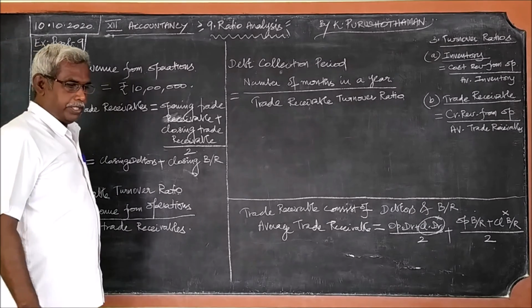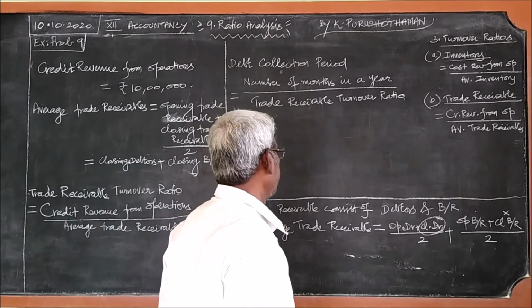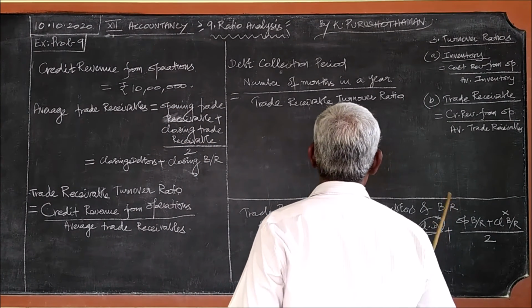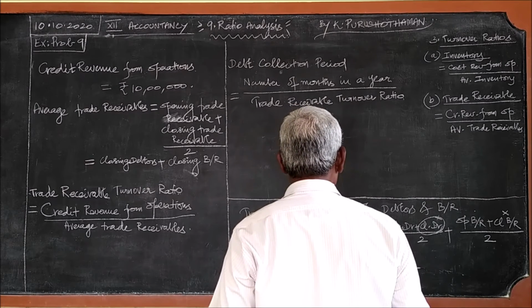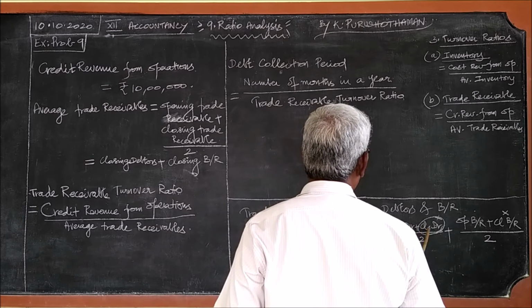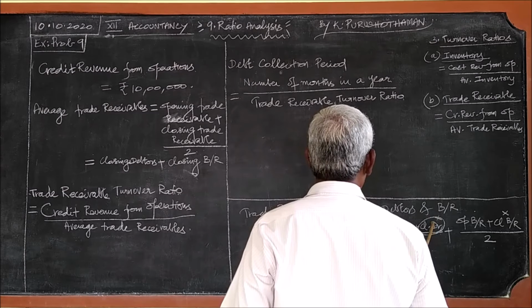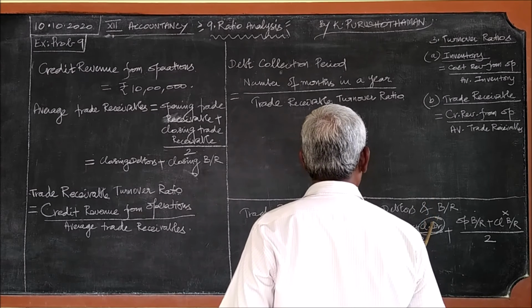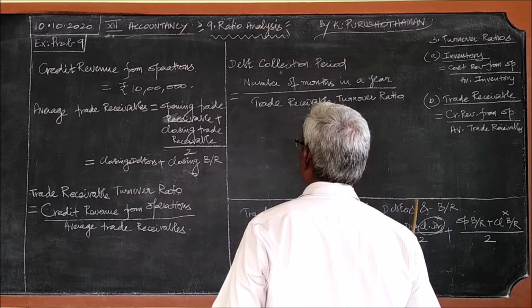What do you mean by trade receivable? Trade receivable consists of debtors and the bills receivable. So average trade receivable, regarding the debtor, is opening debtor plus closing debtor by 2, but only the debtor at the end of the year, that is closing debtor, is given, therefore we need not divide it by 2.